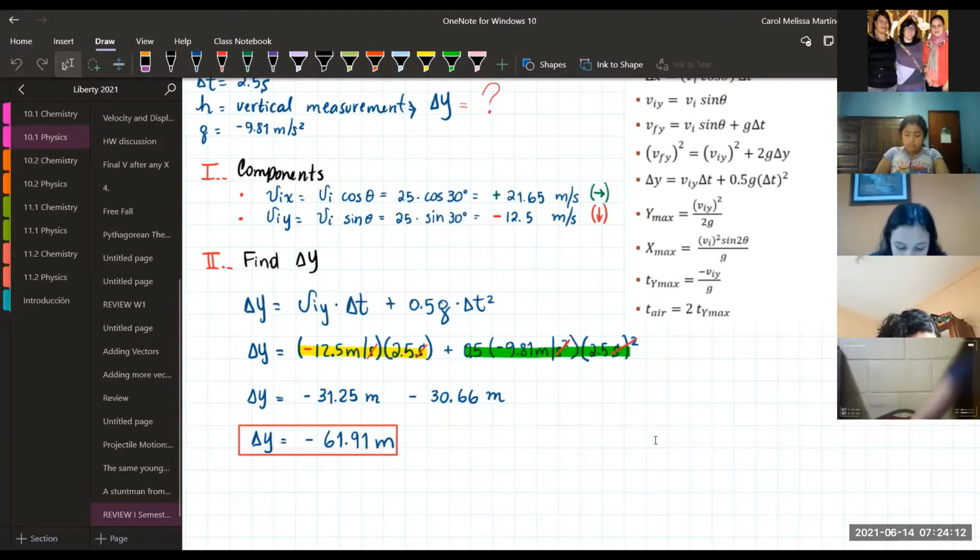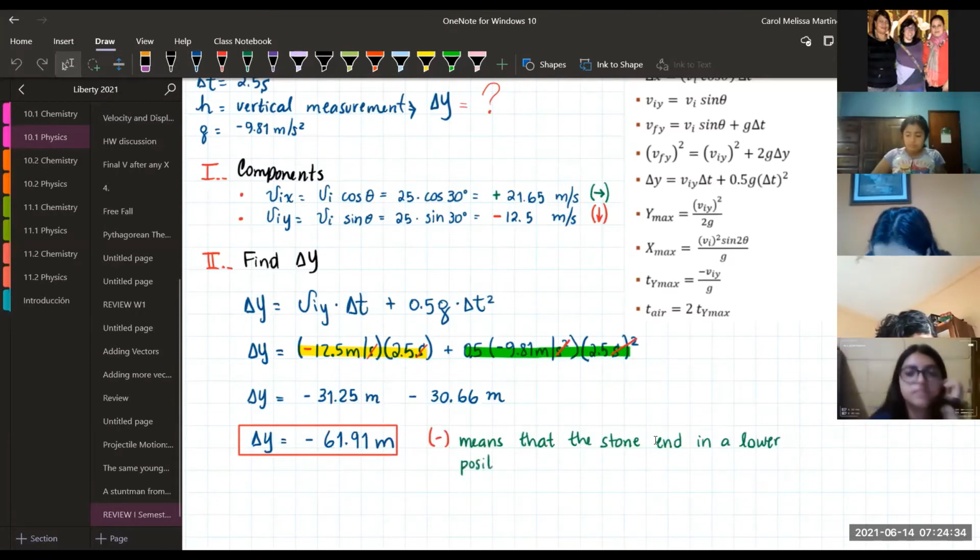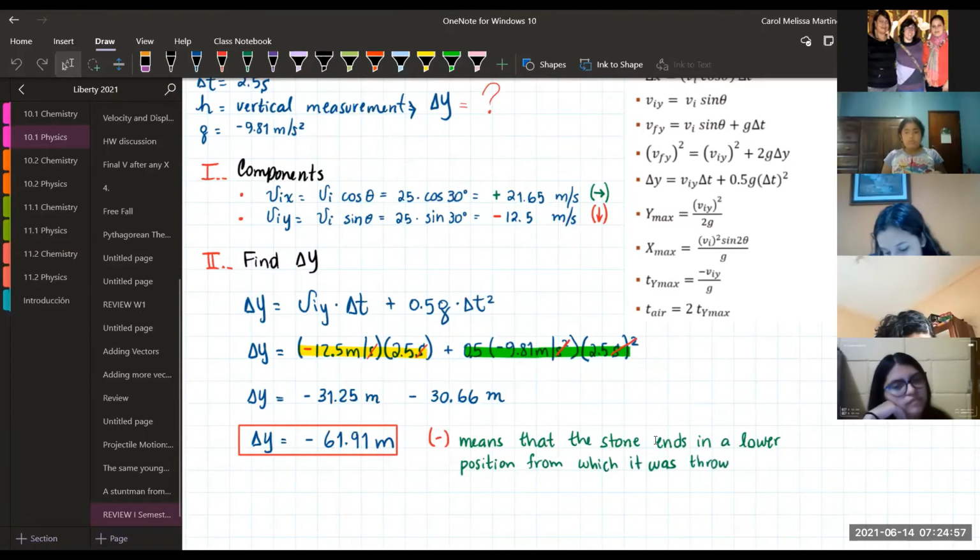So you can just write that the negative means that the stone ends in a lower position from which it was thrown. That's what the negative means.